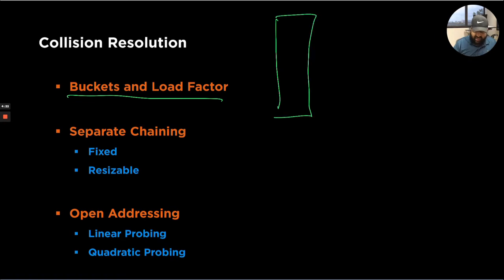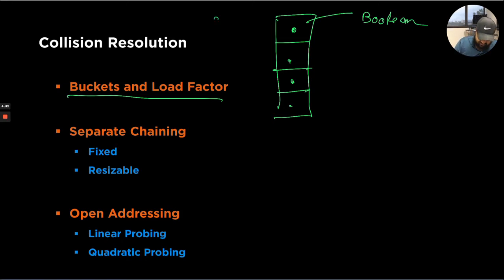Whenever we have a hash table, the most fundamental structure that holds all the data is the buckets. You can think of buckets as locations in the array. Now this array could store booleans, as we saw, but it's not necessary that it should store booleans.